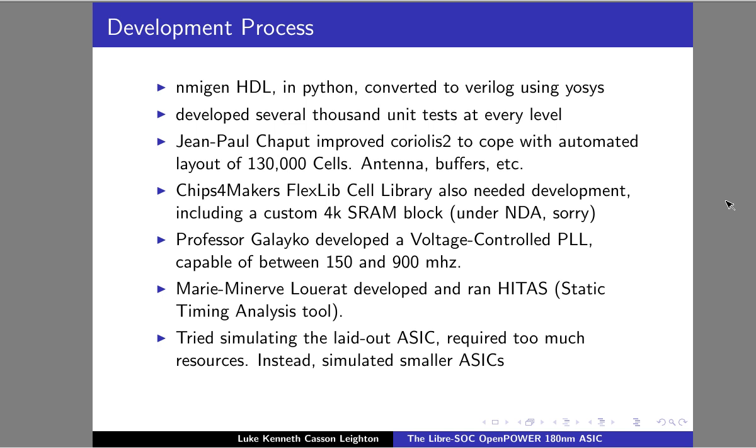Our target was 300. But he also included a digital divider, so that 300 can be divided down to 150, 75, 37.5. So we'll be able to test a range of frequencies of the chip when we get it back from the foundry.